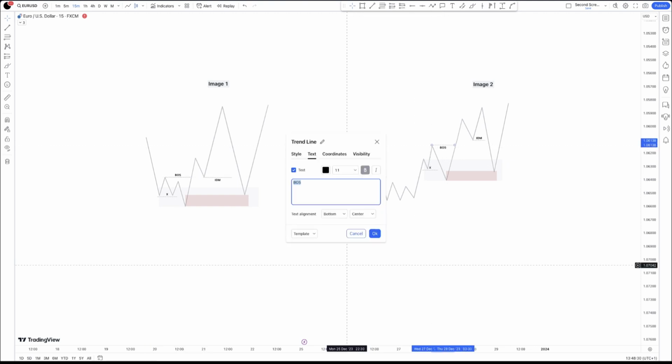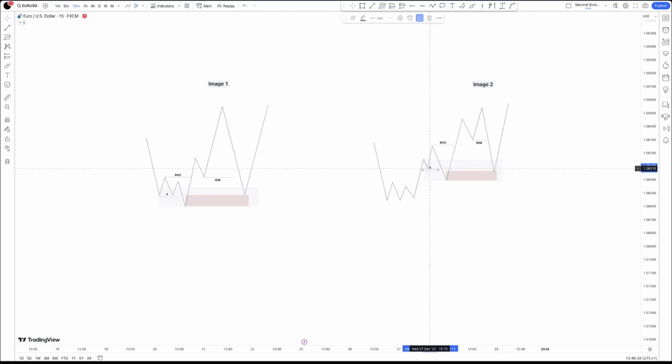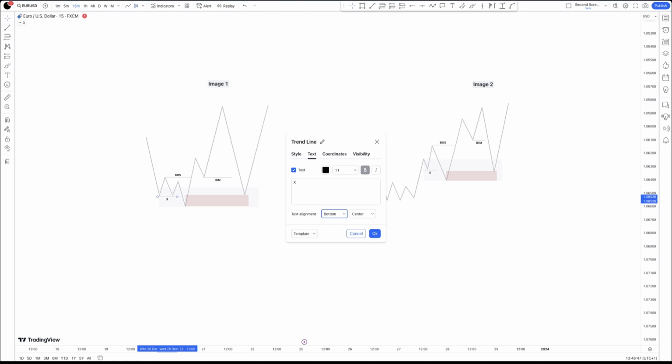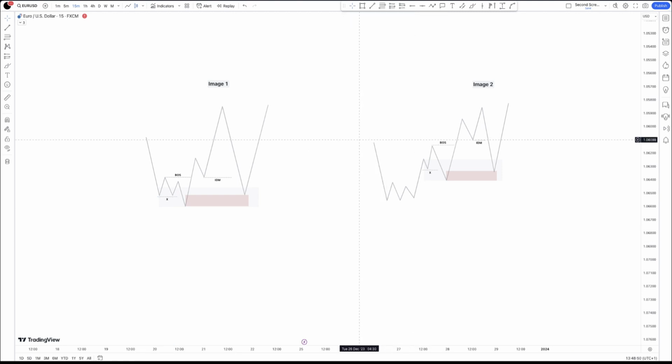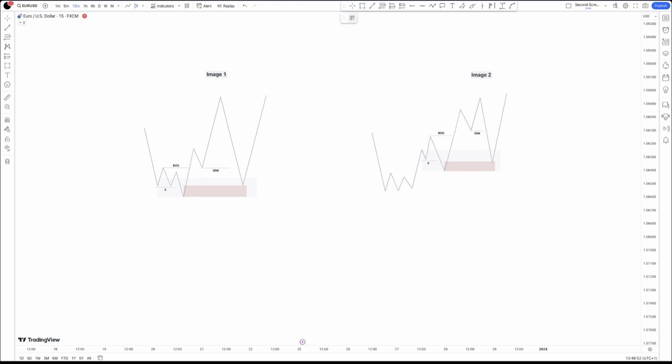This is your BOS, this is your inducement. Alright, so in this scenario, obviously you know the QMO will be this. Then in this other scenario, the QMO will be this. So that's how the concept works.